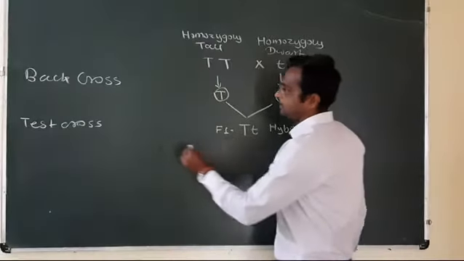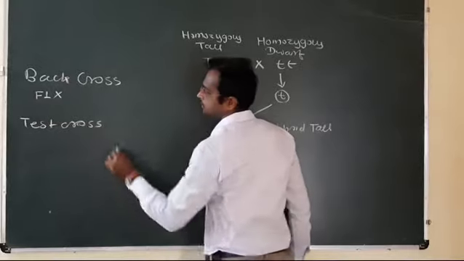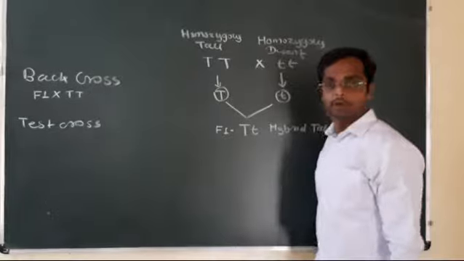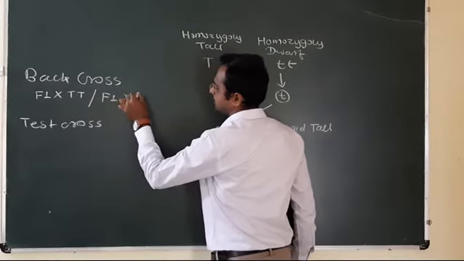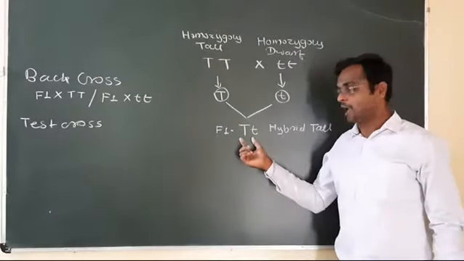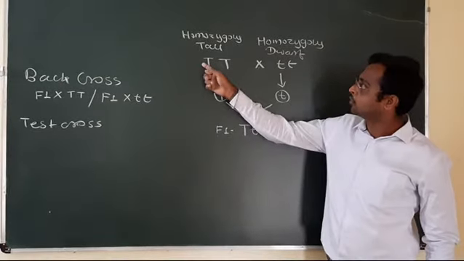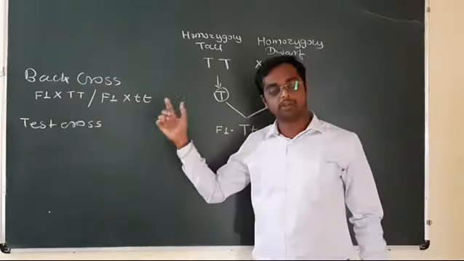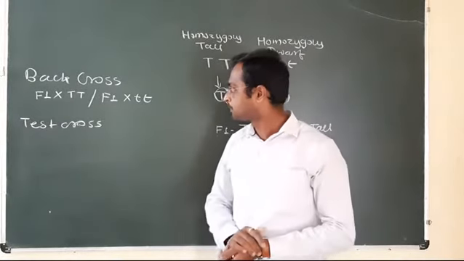When F1 is crossed with capital T, or F1 is crossed with small t, this is called a back cross. The F1 hybrid is crossed back with any of the parents, homozygous dominant or homozygous recessive. Back cross has a great advantage in horticulture and in hybridization experiments.